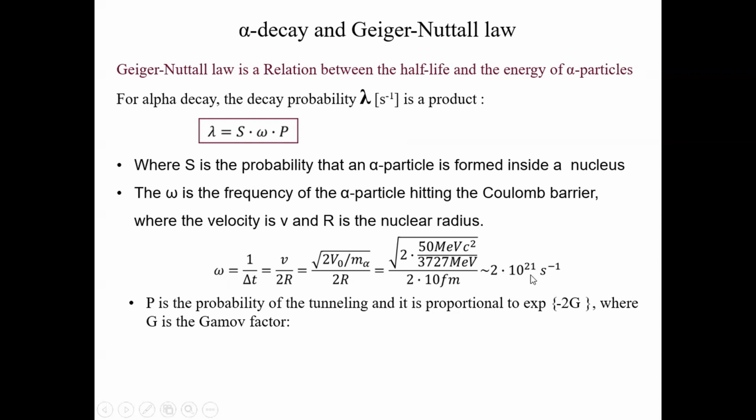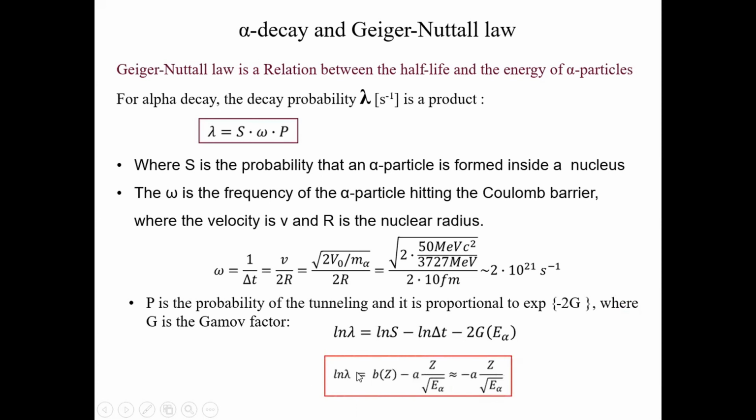It is roughly 10 to the power 21 times per second. And P is the probability of tunneling, and it is proportional to e to the power minus 2g, where g is the gamma factor, and once we substitute all that, we get the natural log of lambda is equal to this, or proportional to 1 over square root of E alpha.